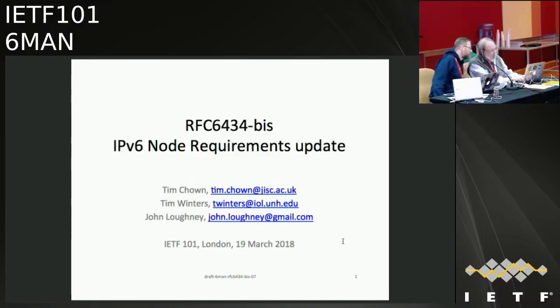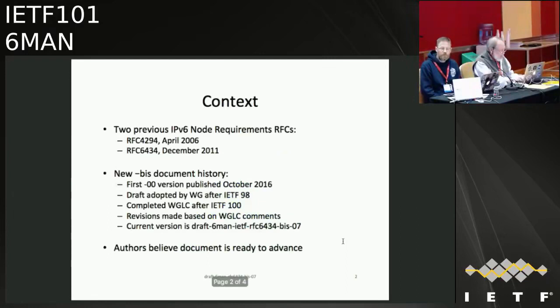Since the last IETF, we went through the working group last call. It was around that time. We had a number of comments, and this talk is about the updates we've made as a result of that post-working group last call, and hopefully we're now ready to advance. So just a little bit on the history there. It started out of observing that the previous node requirements document was 6 or 7 years old. Thought it'd be good to do a refresh.